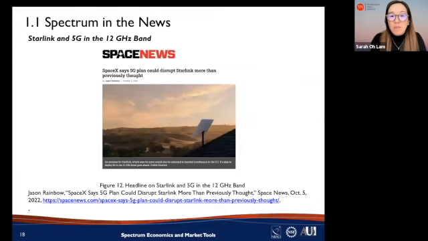And then now you have also the LEO satellites coming in. Oh, actually, this is a different band. This is 12 gigahertz. So 12 gigahertz is different from C band. But you see similar complaints that, yes, SpaceX says that 5G could disrupt Starlink more than previously thought.